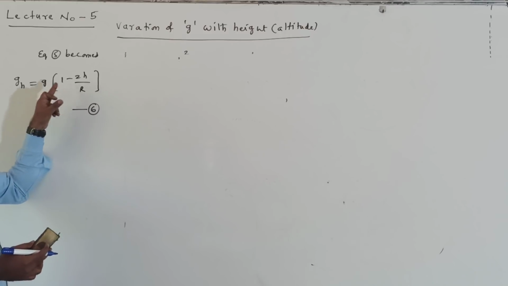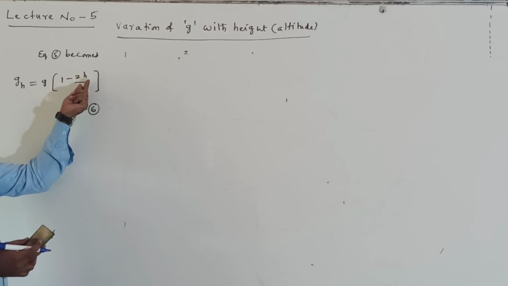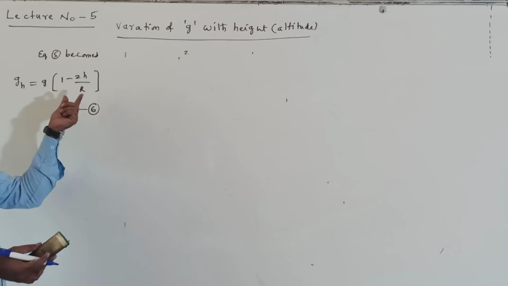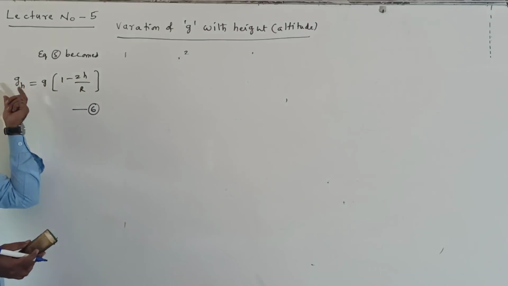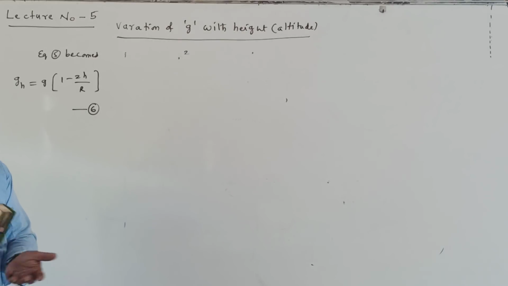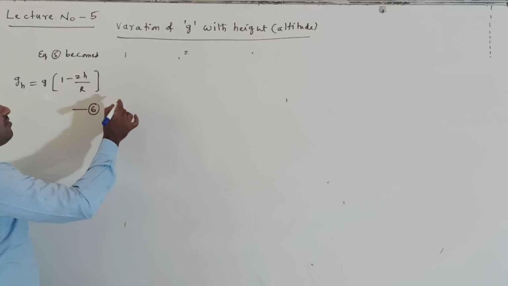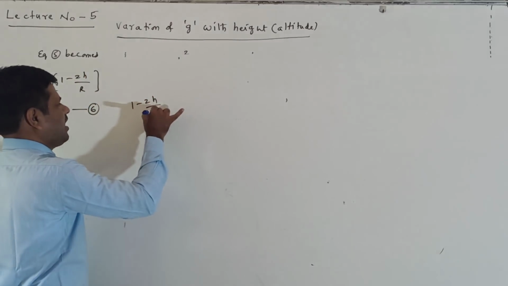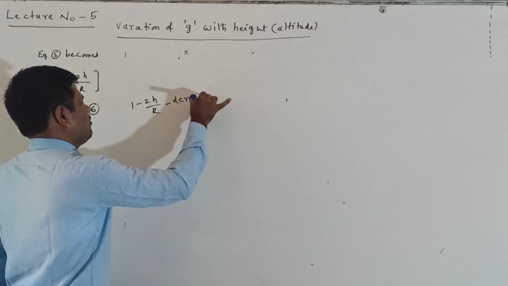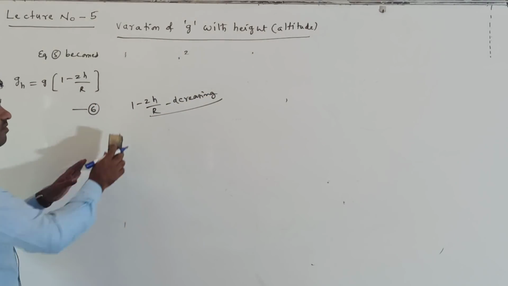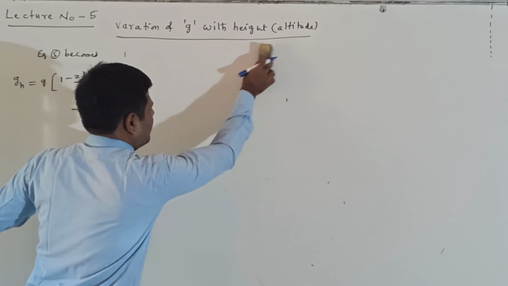So when the h value increases, 1 minus 2h by R value decreases, which means gh value also decreases. You can remember it like this also. This we can understand from mathematics.